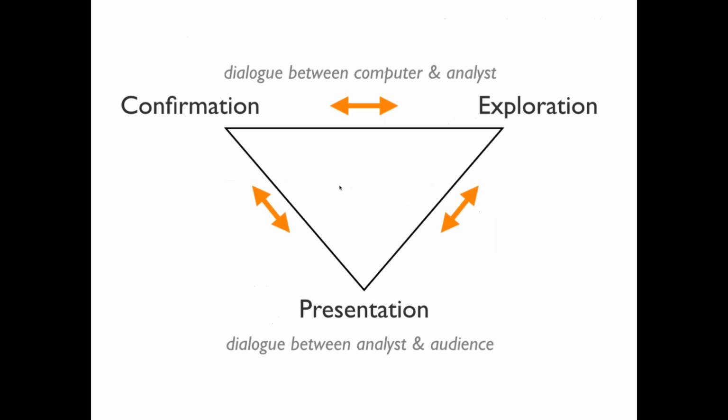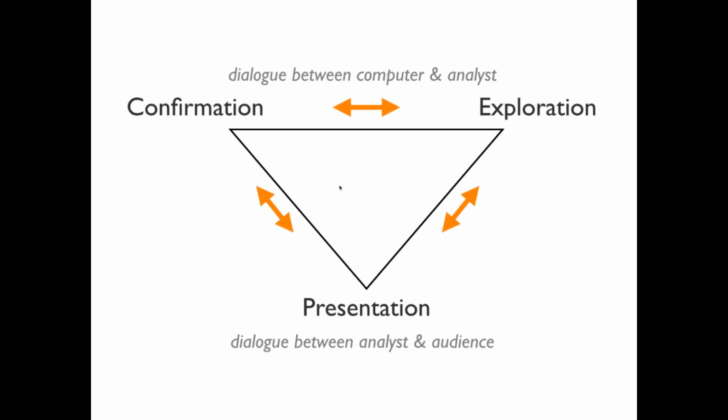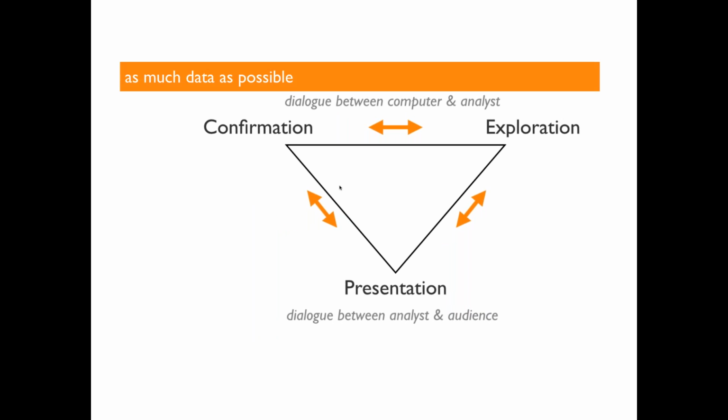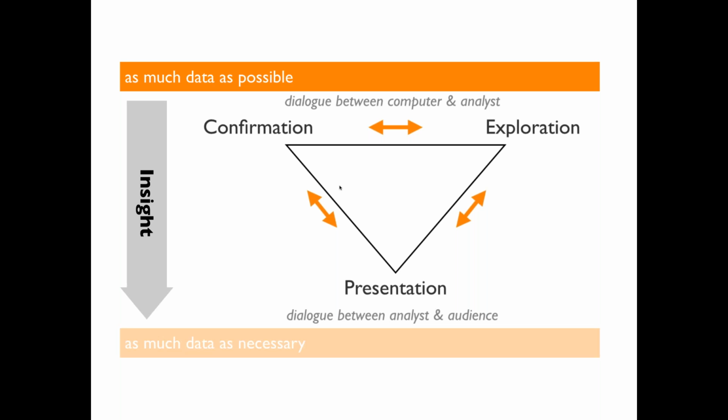And with that, I want to come back to my starting point. This dialogue between computer and analyst is something where we need as much data as possible, because we do not know what the story is that we might want to communicate at some point. That's where we want access to almost all the data in the world you could get. But that is not true when you present this to someone out there.